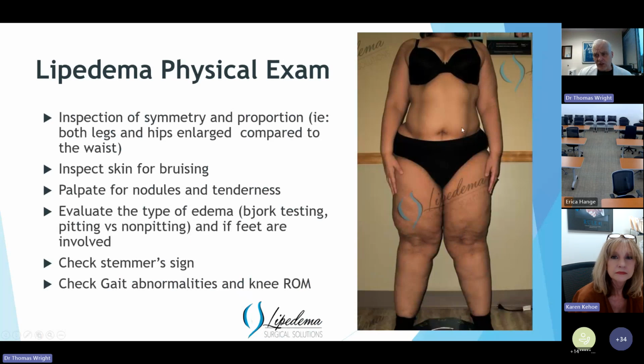The waist is relatively small, but there's a lot of subcutaneous adipose tissue collected on the arms and legs. And bruising is common in this, so we inspect for bruising, nodules and tenderness. We evaluate for swelling with the Bjork test and check for Stemmer sign. Typically the hands and feet are spared, and there's a negative Stemmer sign. And then we check for gait disturbance.